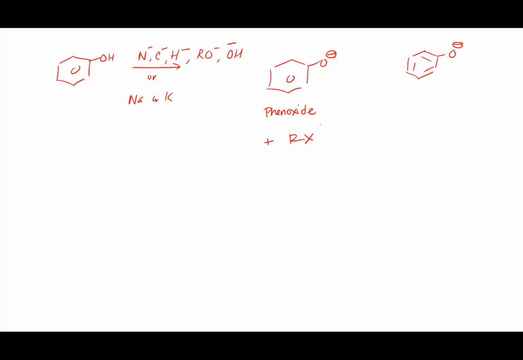What kind? A primary or secondary? So then it undergoes what kind of mechanism? SN2, so then I just would end up adding my R group on the other side. What happens if I try and use a tertiary alkyl halide in this reaction?